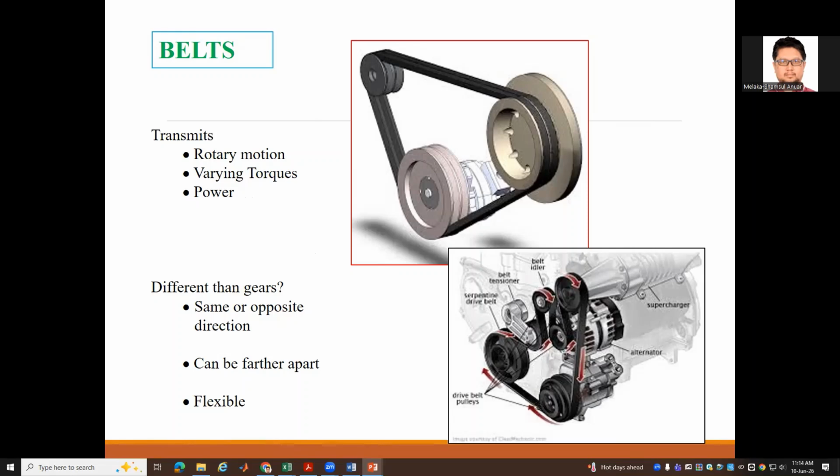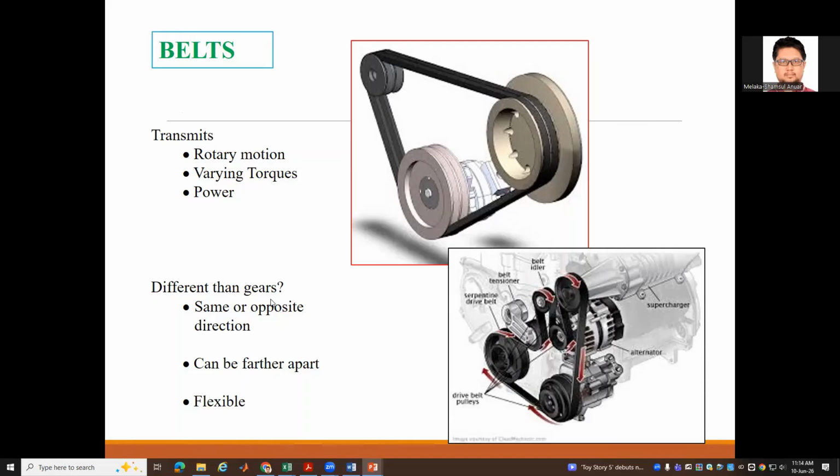We can change the torque. So usually you want to increase the torque, from something that is fast and low torque to something that is a bit slower and higher torque. But all in all, it's called power transmission. So basically, you want to maintain the power, or as much as possible, you want to maintain the same power from the input to output.